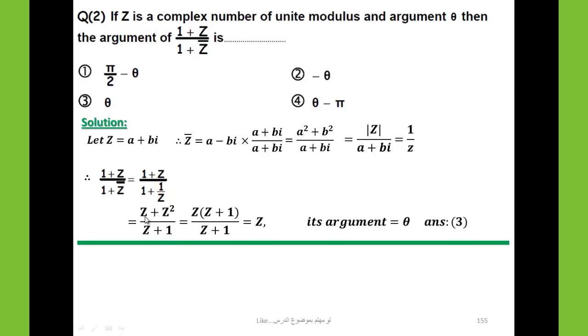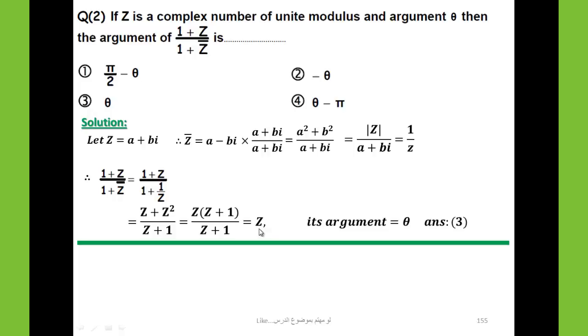We can take z as a common factor, so we have between brackets z plus 1 over z plus 1. Simplify. So we get z plus 1 over z plus 1 equals 1, multiply z equals z. So the given fraction equals z.